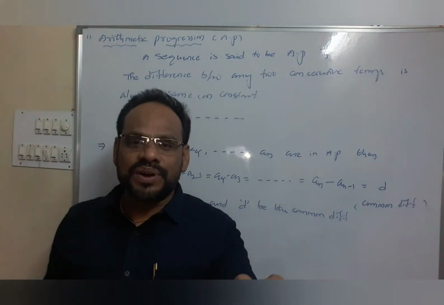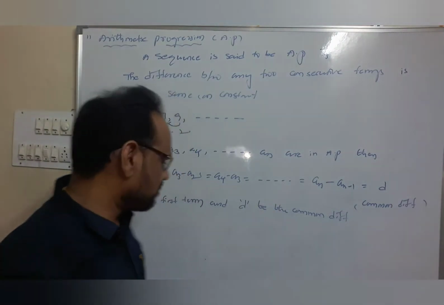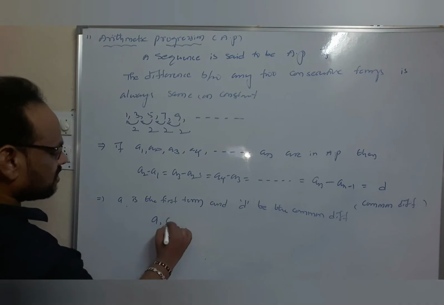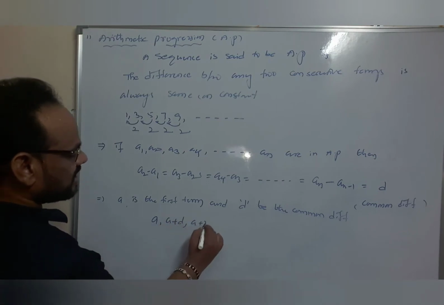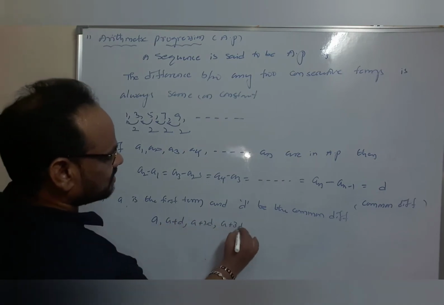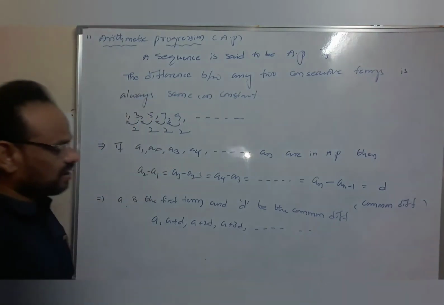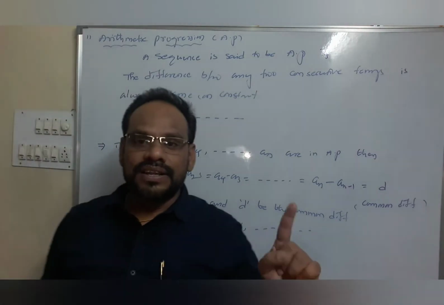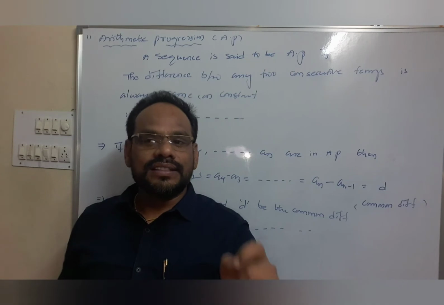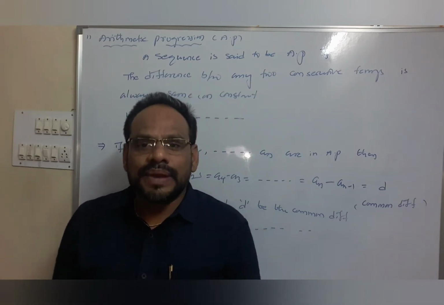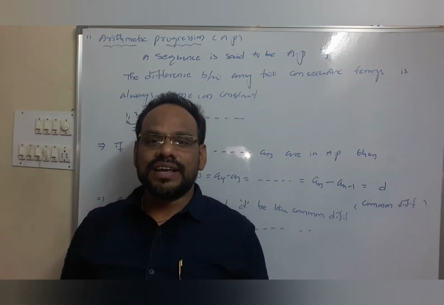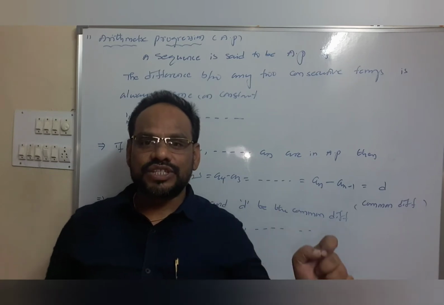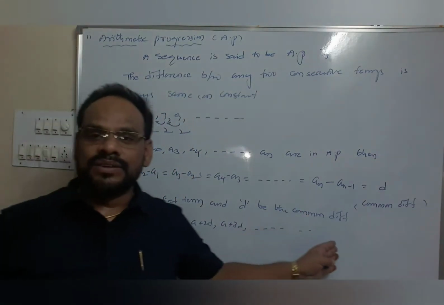Then the general form of an arithmetic progression can be written as A, A plus D, A plus 2D, A plus 3D and so on.